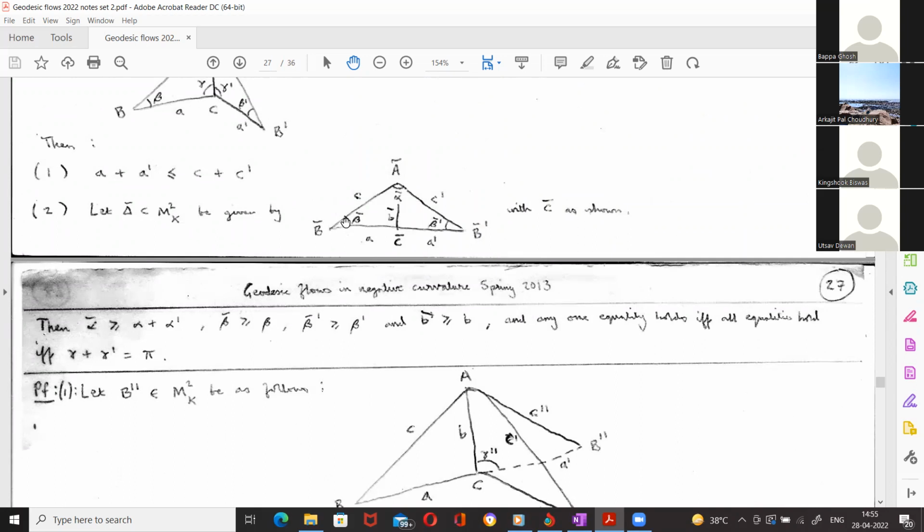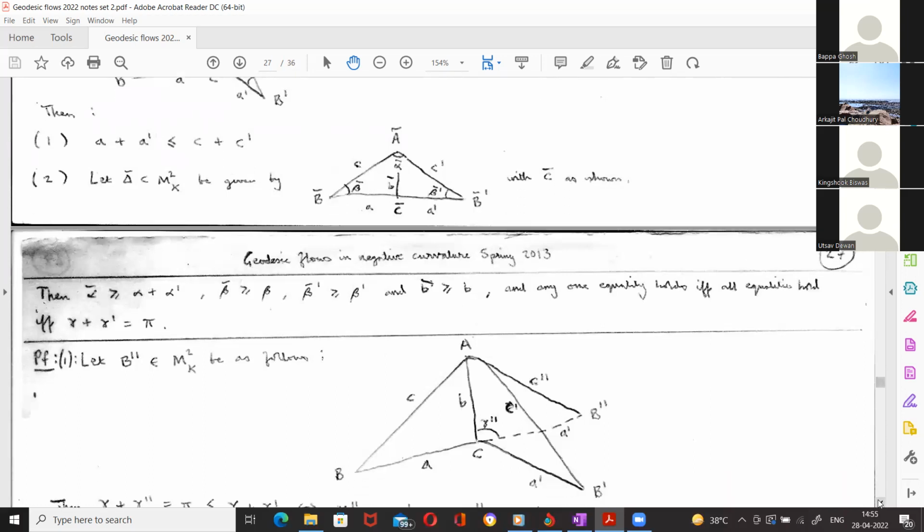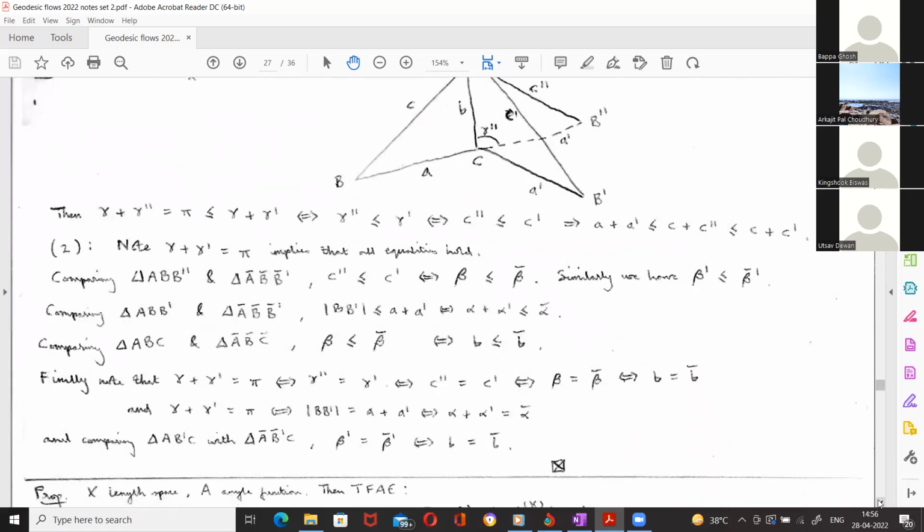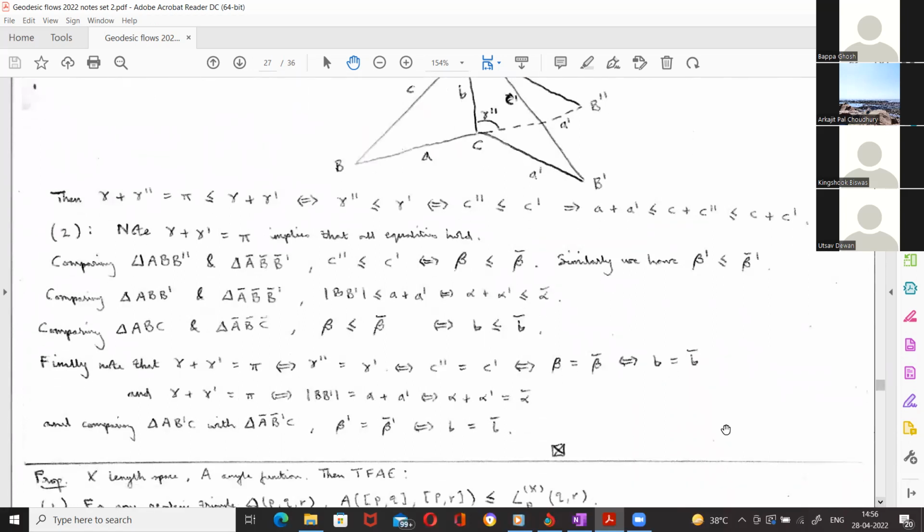That we already showed. Therefore, this side B is less than or equal to this side B bar. Is this clear? Okay, so therefore B is less than or equal to B bar.